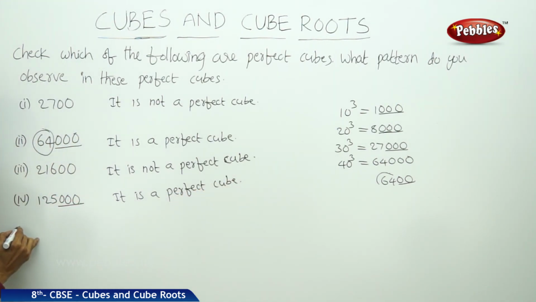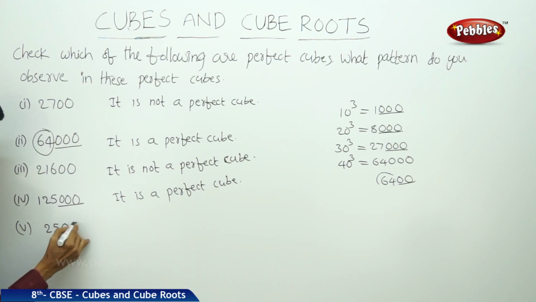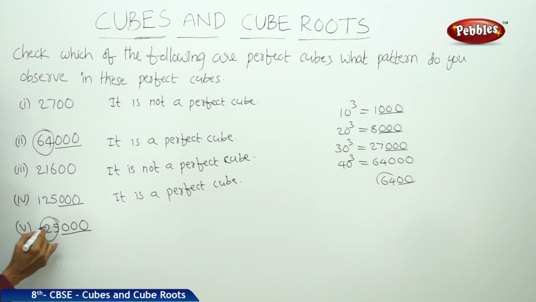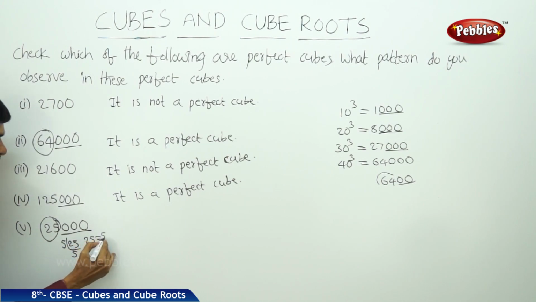Now let us take another question. 25,000. Now it is ending with 3 zeros, but if you factorize 25, you are not getting each factor 3 times. If you factorize 25, then we get 5 into 5.